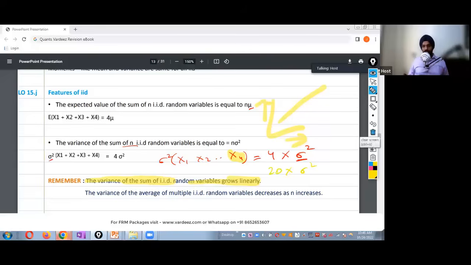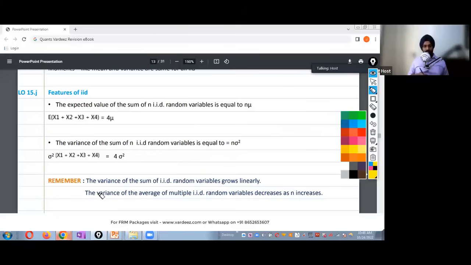But the important point: the variance of the average of multiple random variables decreases as n increases. Here we are talking about the variance of the average.